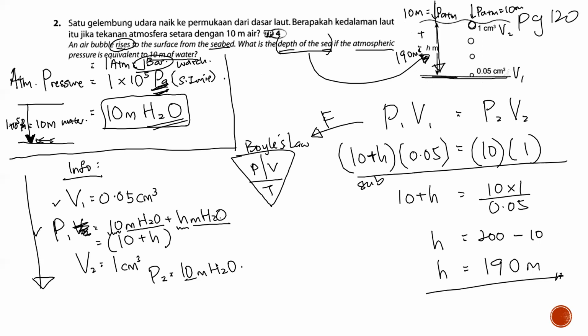Because one atmospheric pressure is 1 times 10 to the power of 5 Pascal, and in these questions this pressure equals 10 meters of water. So we just change pressure to how many meters of water. That's it. Then we just substitute P1 V1, P2 V2, then solve it, done.